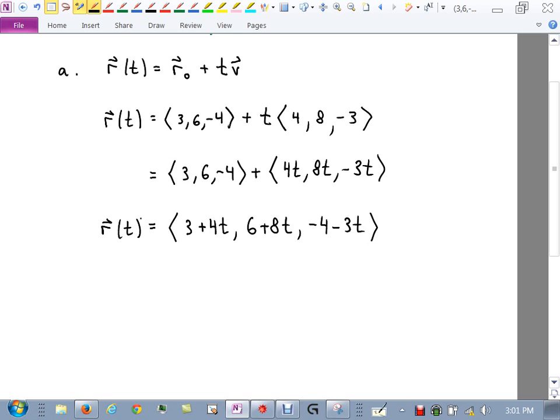And by putting it all together like this, what's kind of staring at you now? What can you see? When you get it down to this form, what's also kind of glaring at you here? The parametric equations are right here, 1, 2, 3.